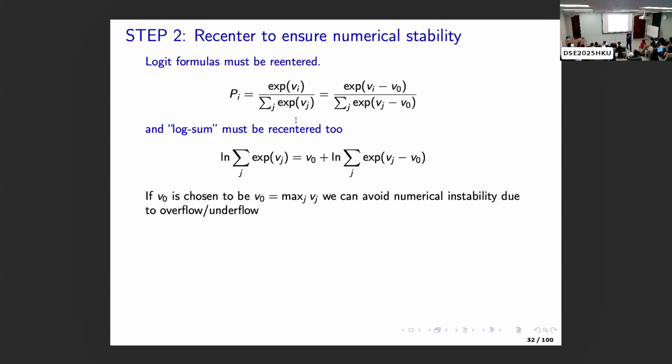It's the same constant value. Okay, and which one is a good choice? Of course, it's going to be the maximum. Then you're sure that everything here is going to be negative. Anyway, so just think about that.